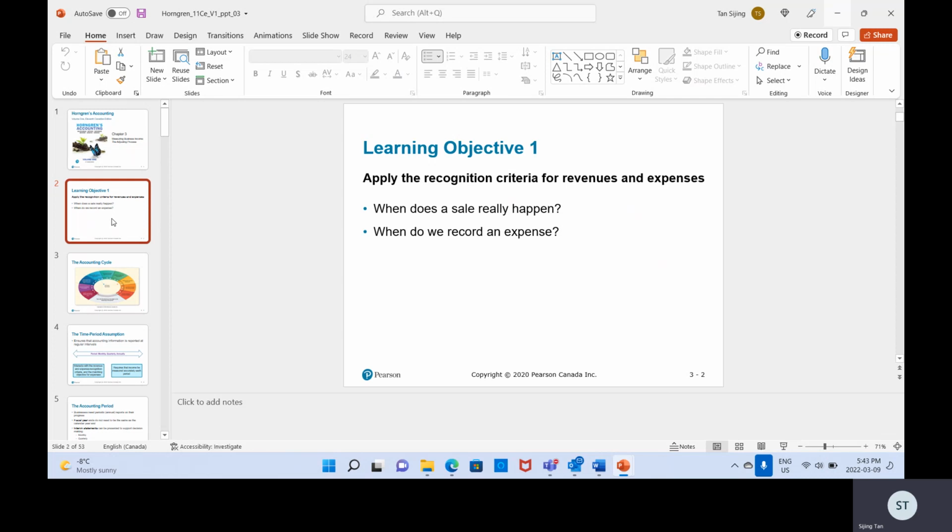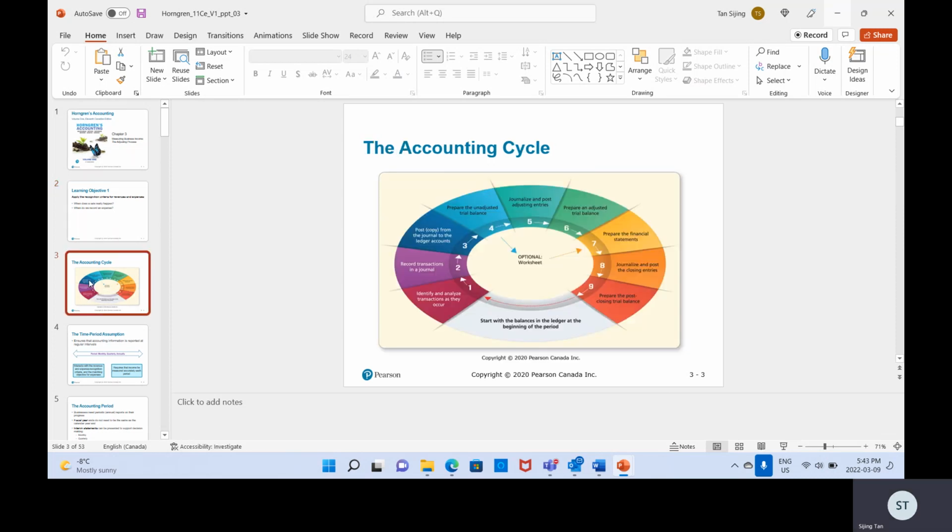First, apply the recognition criteria for revenue and expenses, in the accounting cycle. The time period assumption ensures that accounting information is reported at regular intervals. It defines the accounting period and interacts with the revenue and expense recognition criteria. The accounting period for most businesses is 1 year.